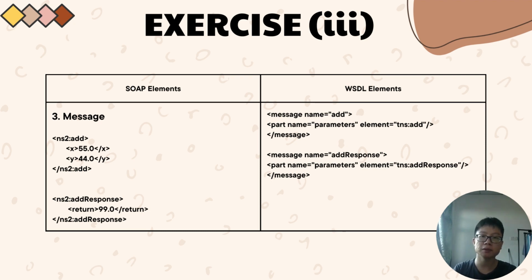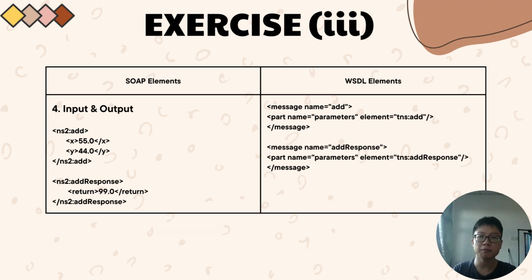For the input, the ns2:add tag maps to the WSDL message element with the name add, which is defined in the WSDL file as message name equal to add. While for the output, the ns2:addResponse tag maps to the WSDL message element with the name addResponse, which is defined in the WSDL file as message name equal to addResponse.